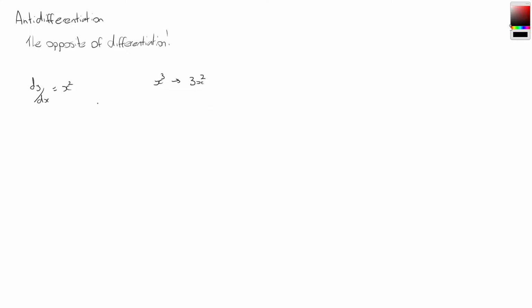But the problem is, there's no 3 here. So we have to get rid of that. And the easiest way to do that is to make a third out the front, because 3 times a third is 1.